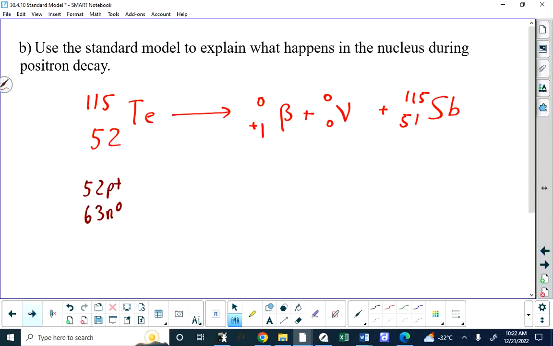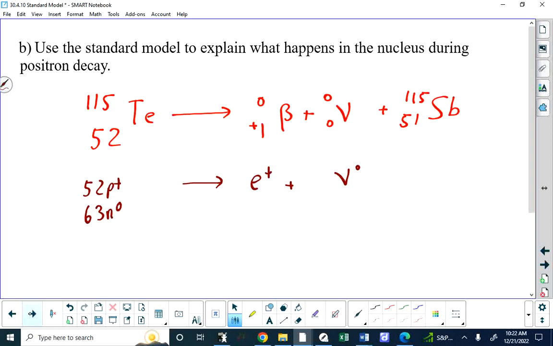Okay. I'm not going to write down that this is a positive, well, I guess I could. This is a positive electron. This is a neutral neutrino. I said this is a neutral neutrino, as if there are other types of neutrinos. There aren't. It's a neutrino. Neutrinos are always neutral.